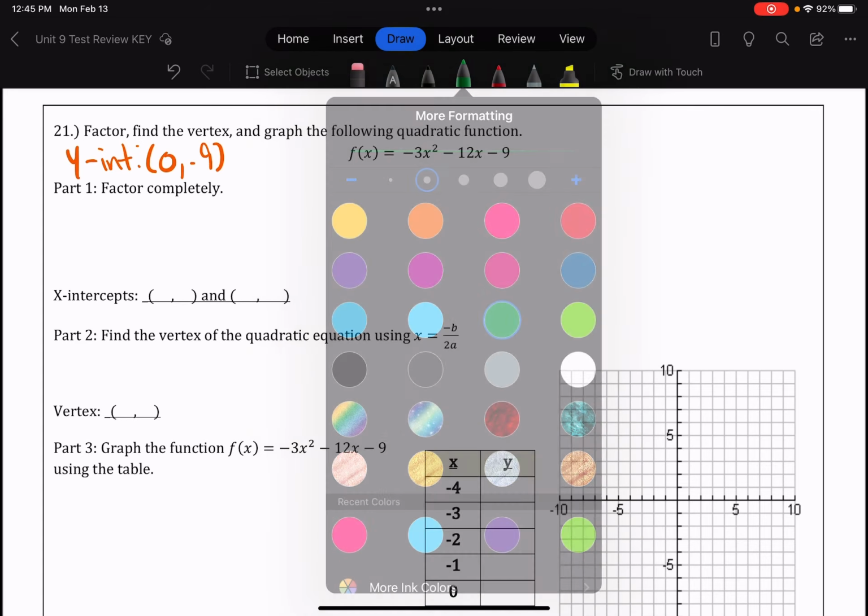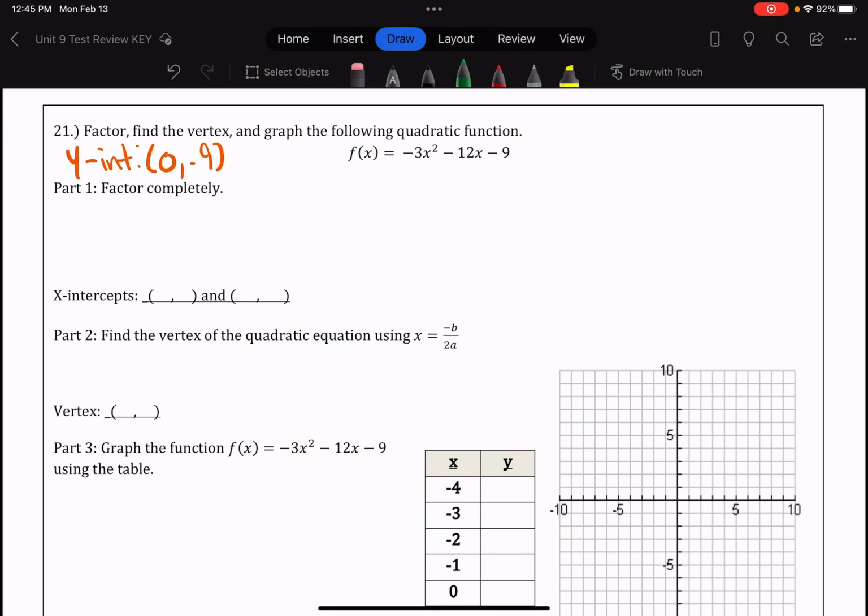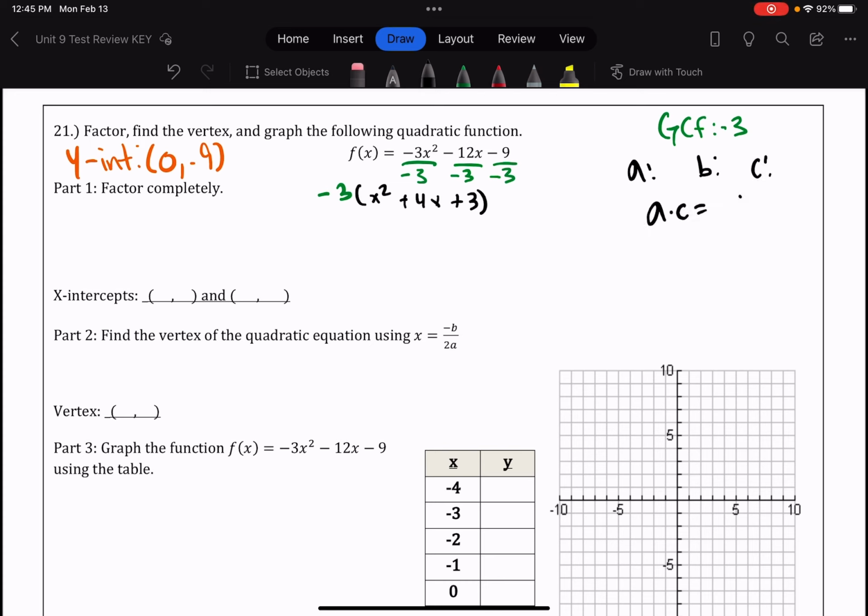I'm going to divide each of these terms by their greatest common factor, which in this case is negative 3. Remember, I don't want that leading coefficient to be negative, so my GCF is negative 3. If I factor out the negative 3, I've got x squared plus 4x plus 3, which gives me my new a, b, and c values, and I can create my t-table from here.